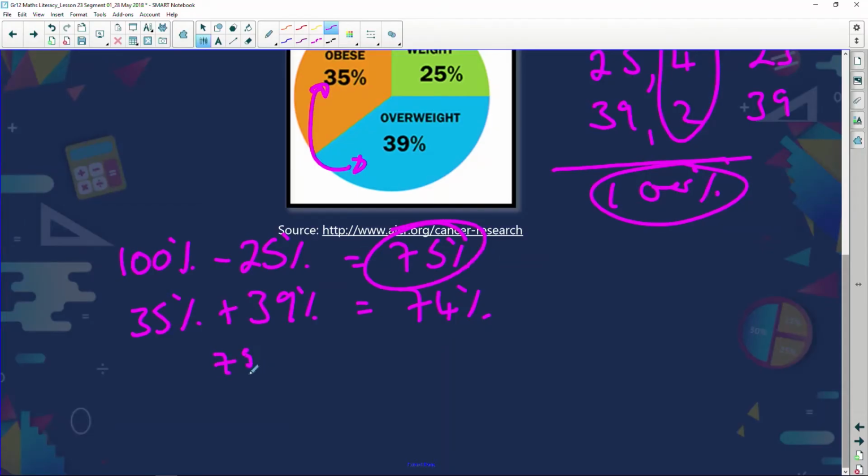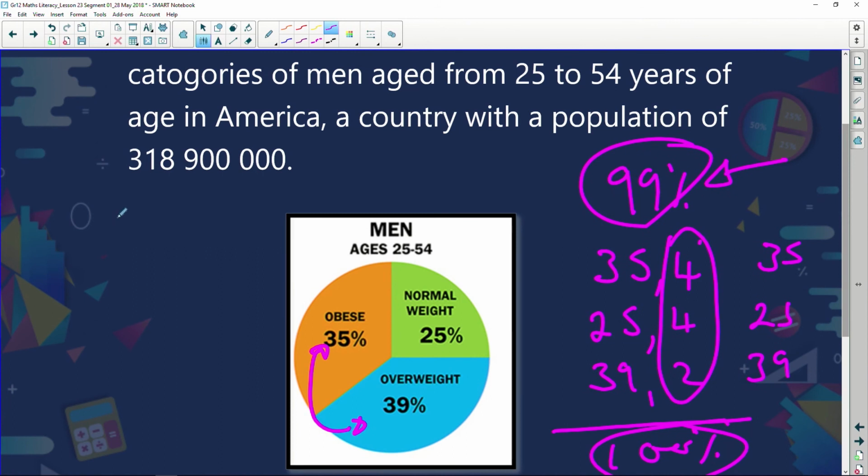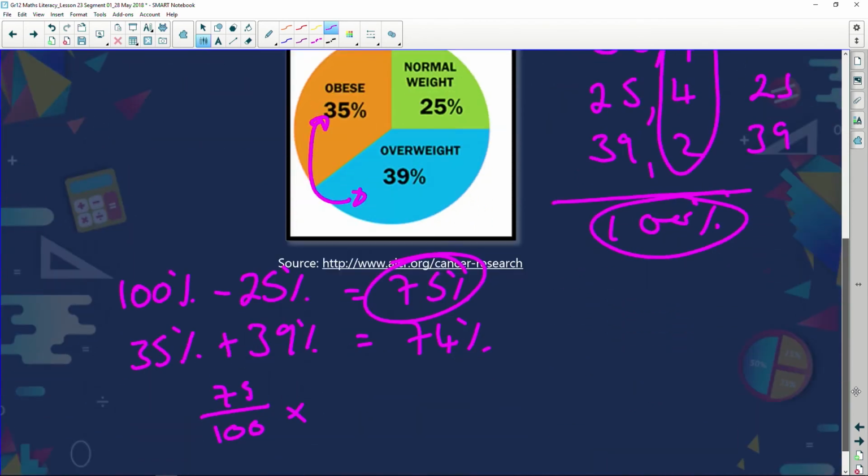So 75% is 75 over 100 multiplied by how many men? We're going to say 318,900,000, and they have said population, and remember we are looking just at men, so the question is a little bit flawed, but 318,900,000. Okay, we multiply that.